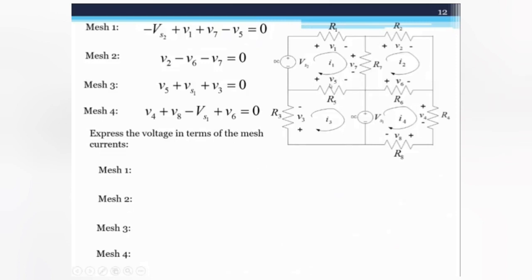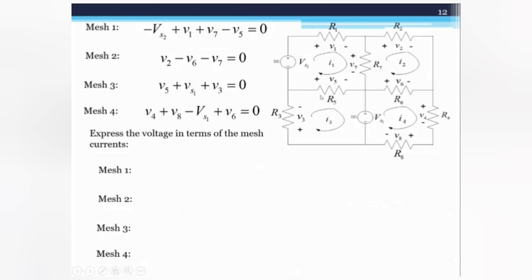The current flowing through the R7 resistor is the difference I1 minus I2, because for the first loop I1 is positive and I2 is negative. Therefore (I1 minus I2) times R7 is the voltage drop across resistor 7.